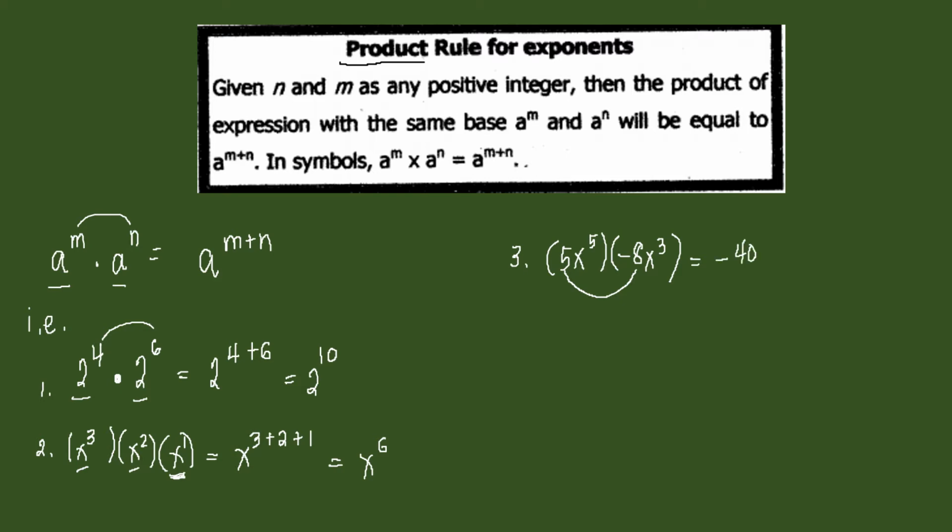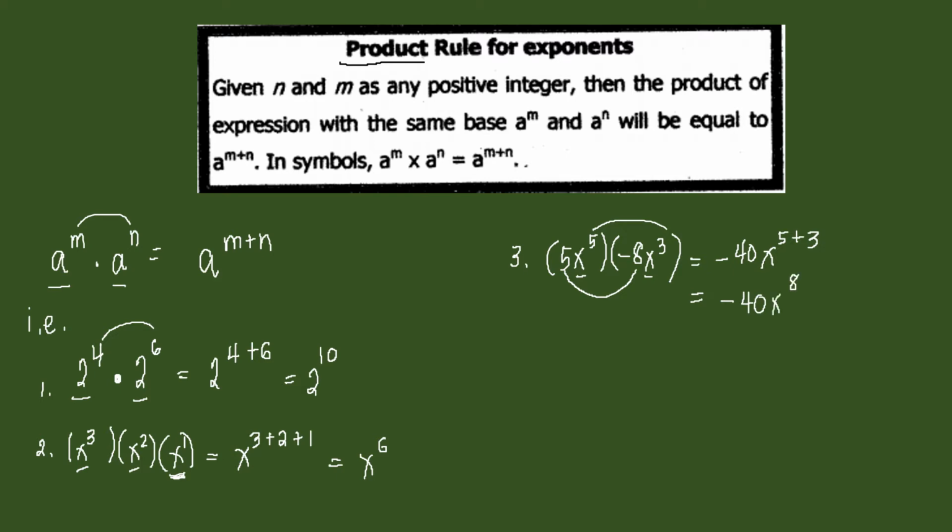Then let's multiply the expressions with exponents. Looking at them, their bases are the same, so I will copy x and then simply add their exponents. So you have 5 plus 3. We will therefore have negative 40x to the 8.